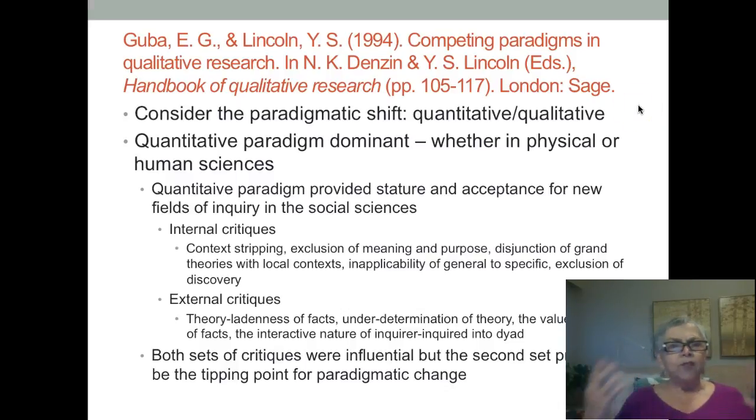When the social sciences, the human sciences, began to emerge in universities, in education, in sociology, etc., the quantitative paradigm was taken up because it was the dominant one in universities. And it, to some degree, provided some stature and acceptance within this academic community for these new fields of inquiry.